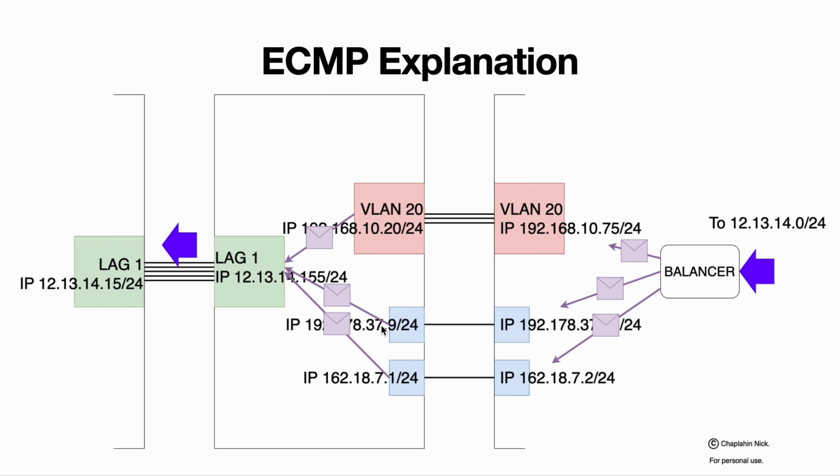Visually, we can explain it like that. This is some balancer that, using specific algorithms, selects, basing on the values in the frame fields, to which path to send a specific packet.